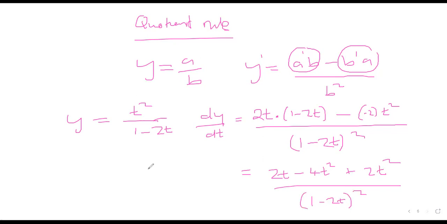The final answer is what? 2t minus 2t squared over (1 minus 2t) to the power 2. If you want, you can simplify it. We factor out a what? A 2. So here, a 2t. You're going to have 1 minus what? t. Then here to be (1 minus 2t) squared.